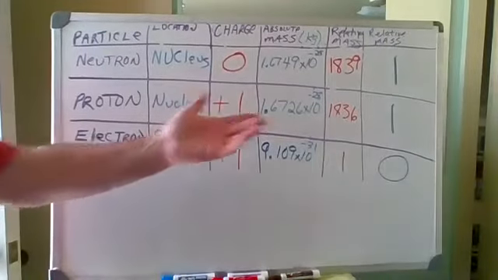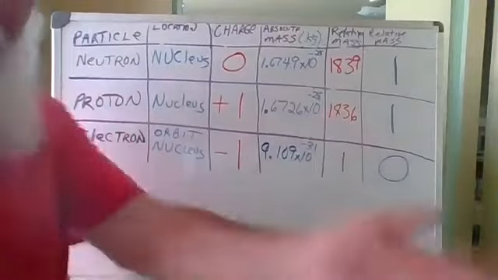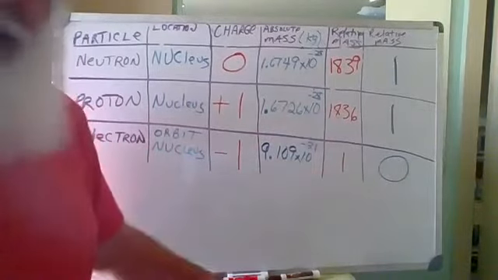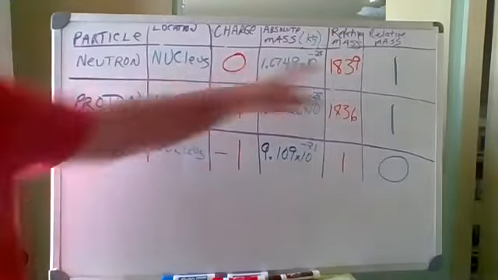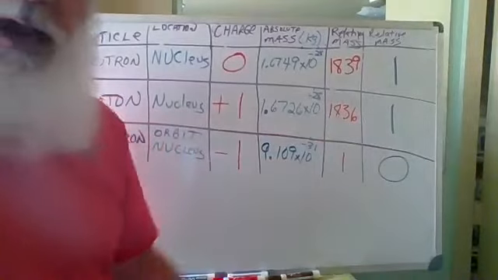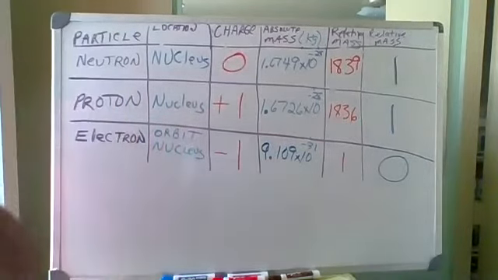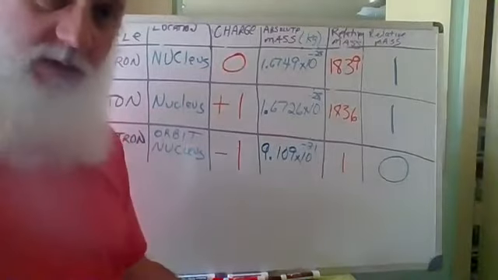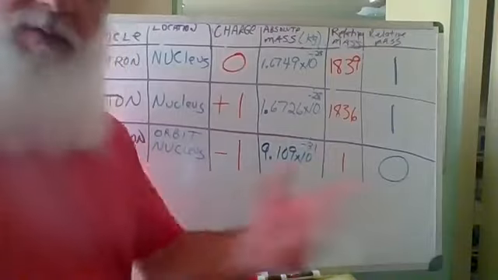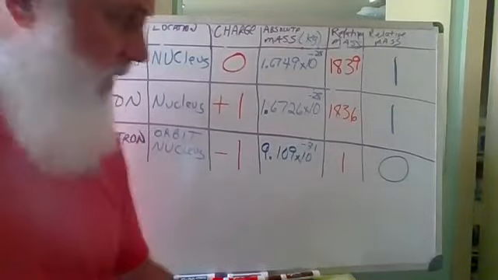So this is very simple. If I have an atom sitting on the table and I want to know its mass, all I have to do is count how many neutrons there are, how many protons there are, and add those two numbers together. I have the mass of the atom. I'll say that one more time. If I have an atom sitting on the table, I want to know its mass, I don't even have to put it on a balance and weigh it.